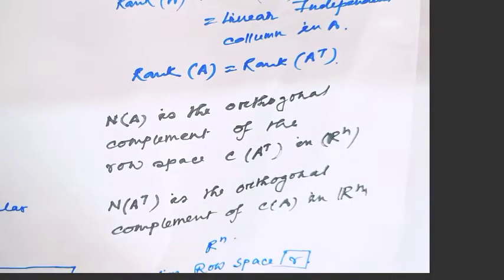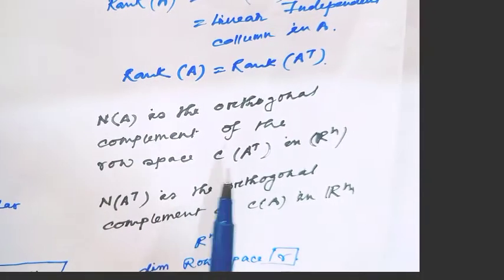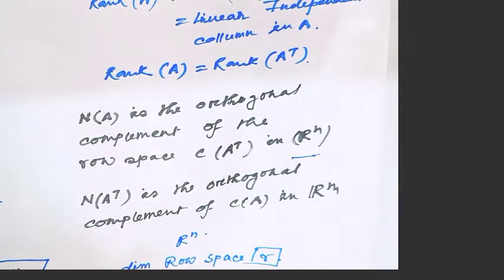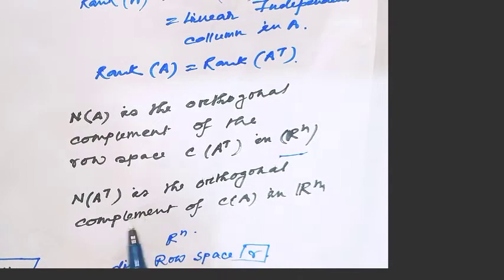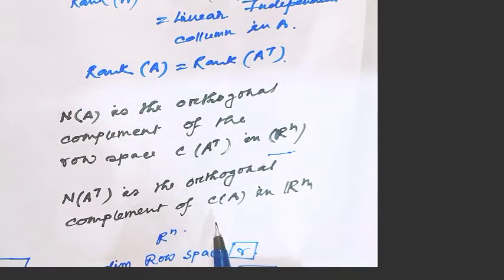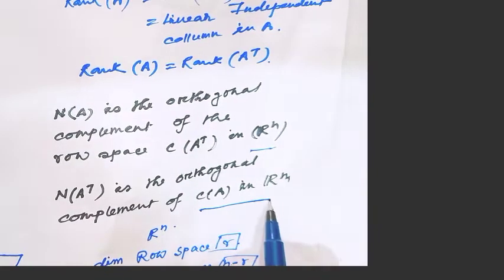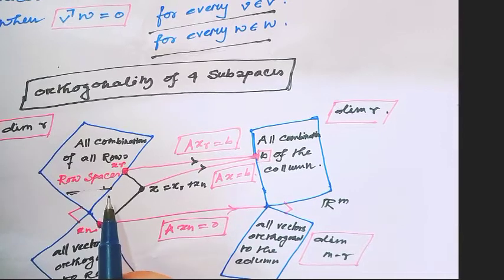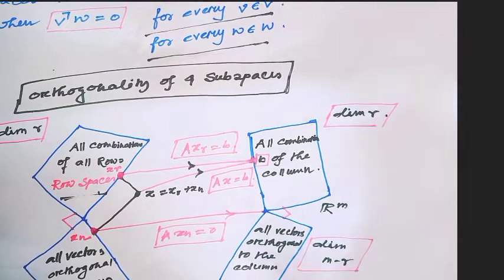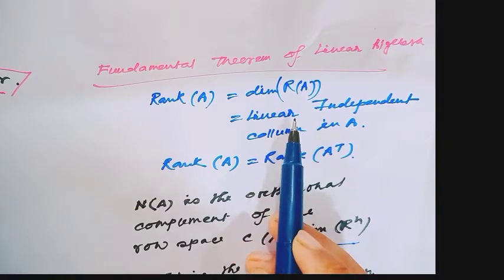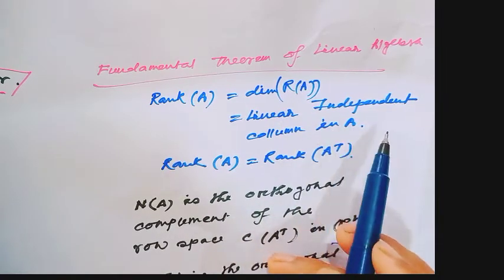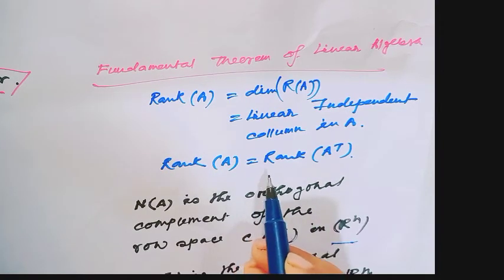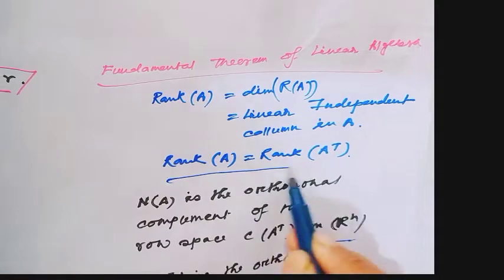Now I will see the fundamental theorem of linear algebra. The theorem is: since the null space is the orthogonal complement of the row space in Rn, and the null space of A transpose is the orthogonal complement of the column space in Rm, if the dimension of the row space equals r, we all know this is the rank of A. This is the dimension of the row space, that means the number of linearly independent columns in the matrix A, and also rank of A equals rank of A transpose.